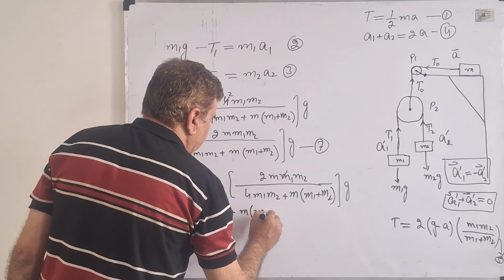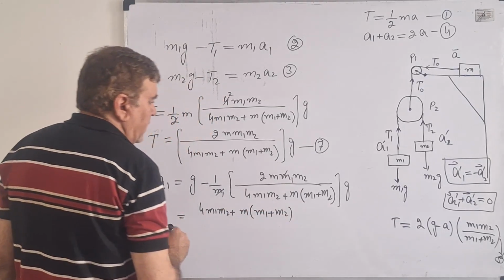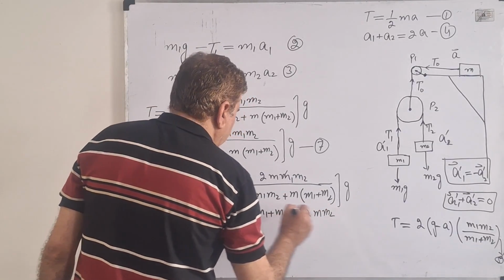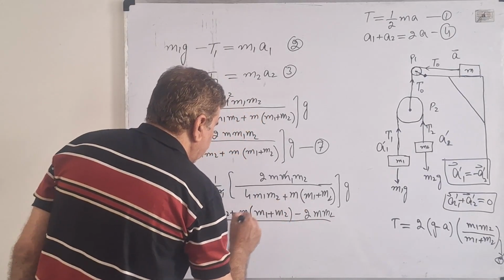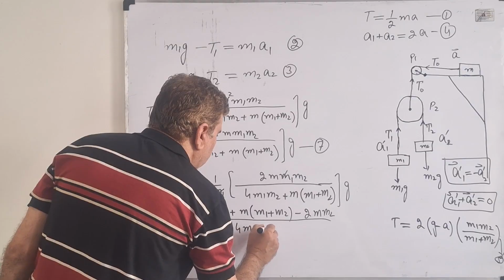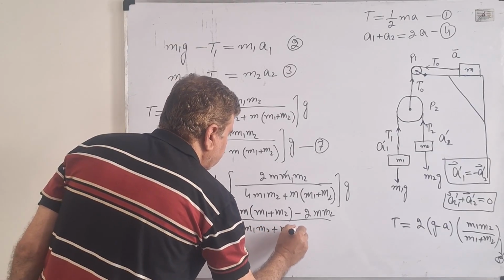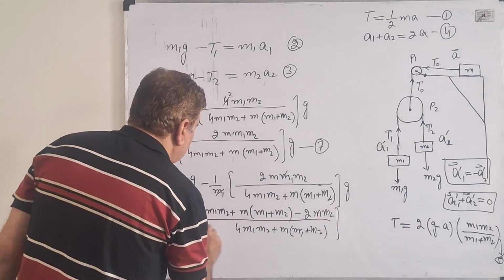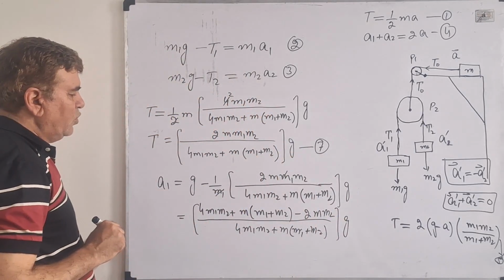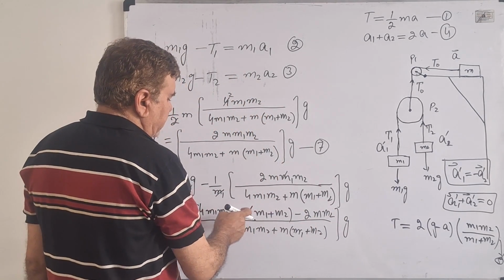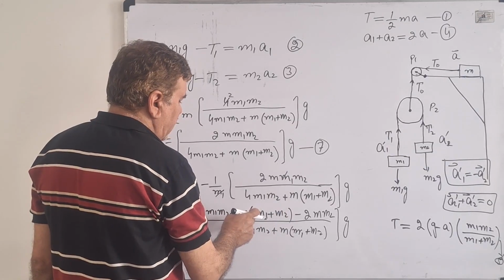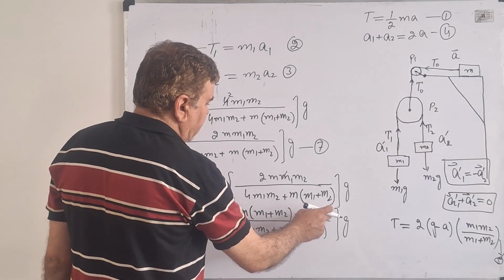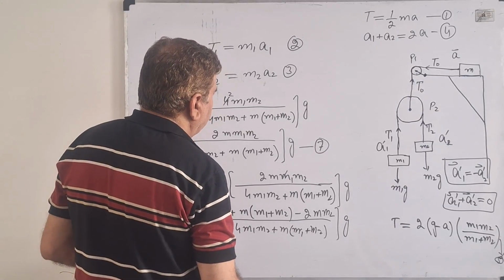Let me write it as it is: m1 plus m2, and then minus 2 m m2, and this whole divided by this thing 4 m1 m2 plus m times m1 plus m2, multiplied with g. Okay, if I open this bracket, I would have m times m2 and m times m1, and that m times m2 minus 2m times m1 will give me minus m times m1.